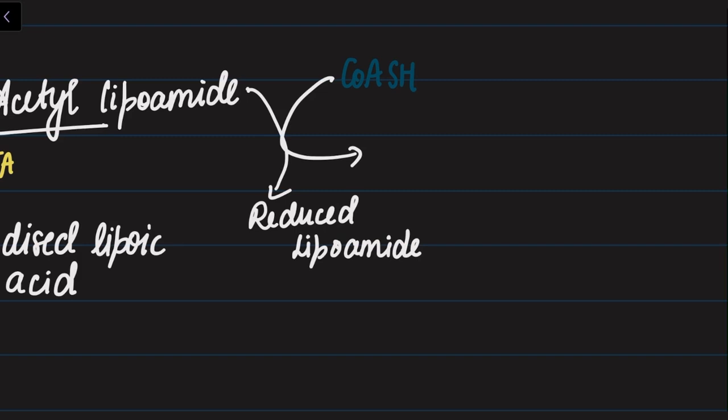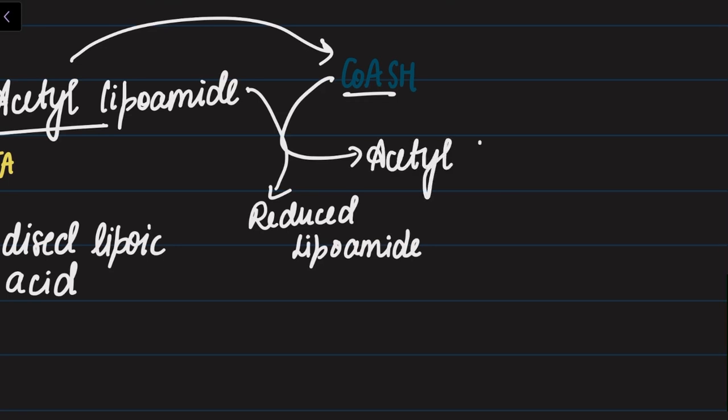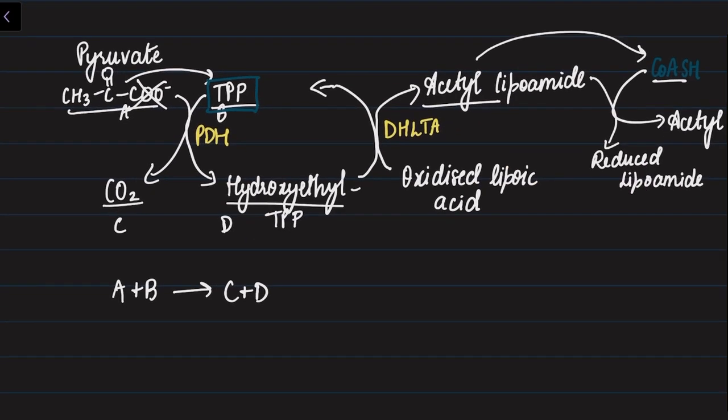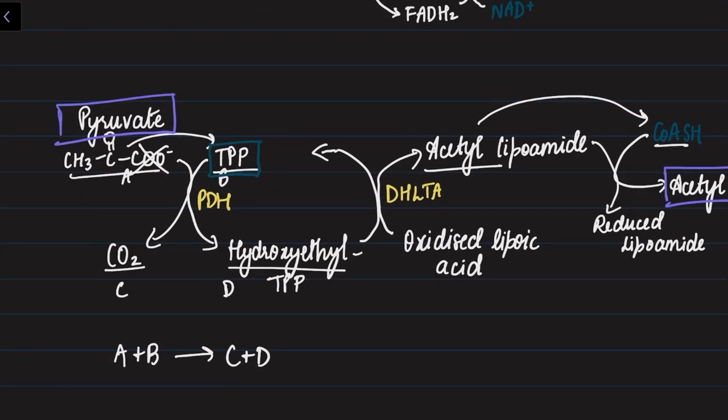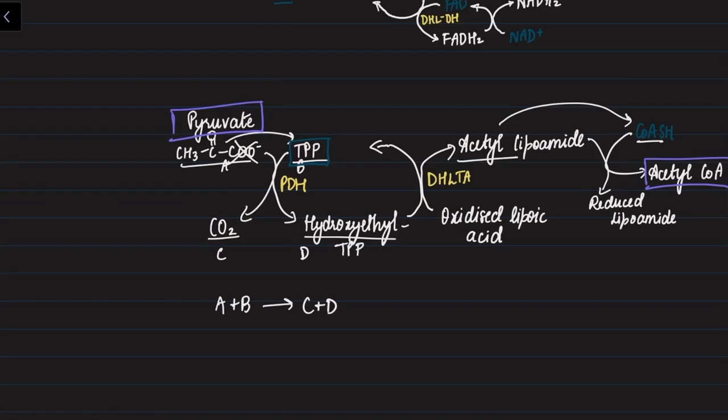CoA will take the acetyl and become acetyl CoA. Wonderful. This is our final product. So pyruvate, let's go ahead and mark that in, say, purple, and acetyl CoA as well. So we know that this is the substrate and the product.